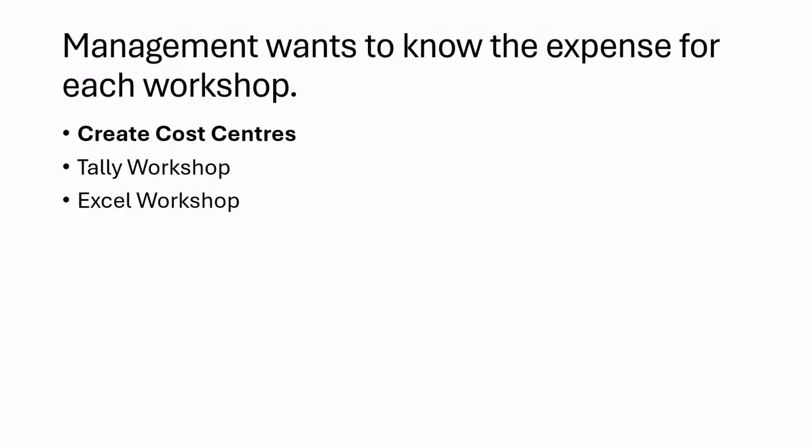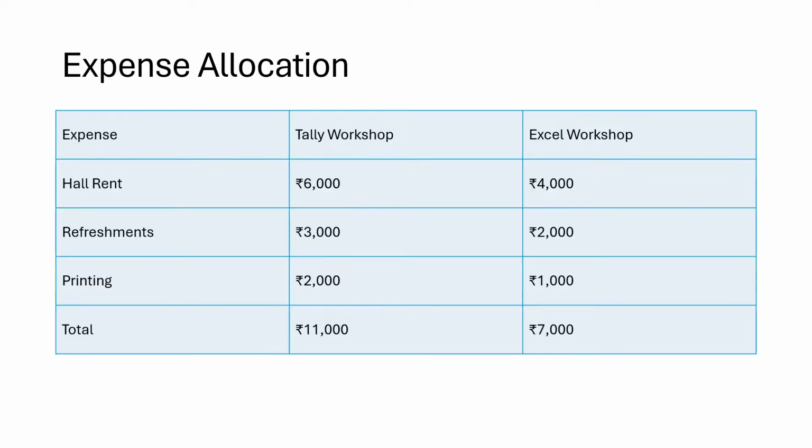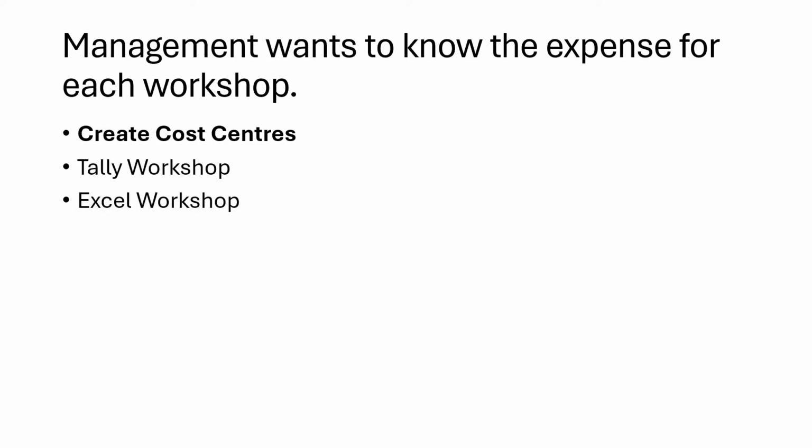Management may want cost centers like Tally workshop and Excel workshop. For example, you take expenses spent on hall rent, refreshment charges and printing charges. How do we record these expenses for the Tally workshop and the Excel workshop?